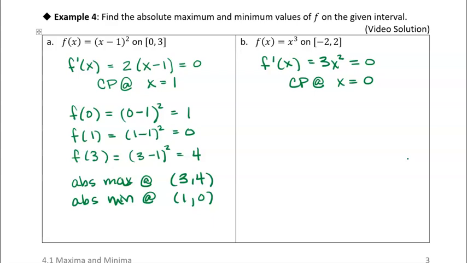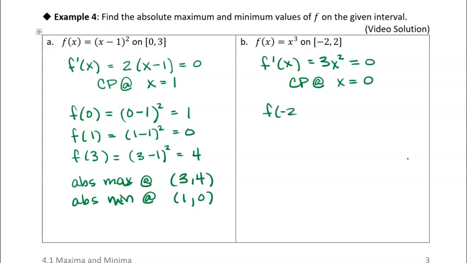Now that we have the critical points, we also want to look for any points where the derivative is undefined, and there are none. It's just a power function, 3x squared, so there are no x values that are off limits. So we don't have any other critical points. And then we want to evaluate the endpoints and the critical points.